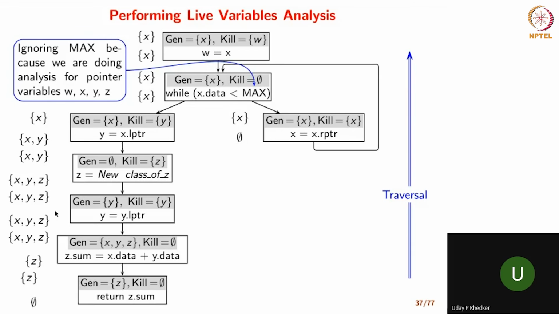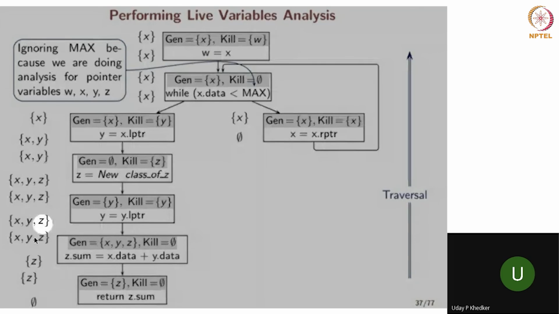For example, here out n is empty set, so nothing to be removed from empty set. Gen is Z, so union of empty set and Z gives us Z.